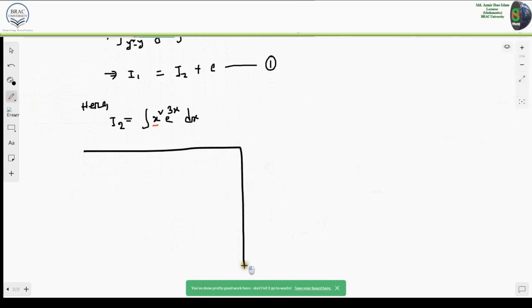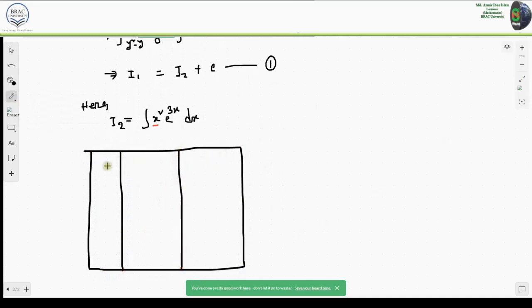Now I am making the table, first column, second column and the third column. In the first column we have sign, the second column is for differentiation and the third column is for integration. In the differentiation column we have to place the x squared term, and in the integration column let's place e to the power 3x.